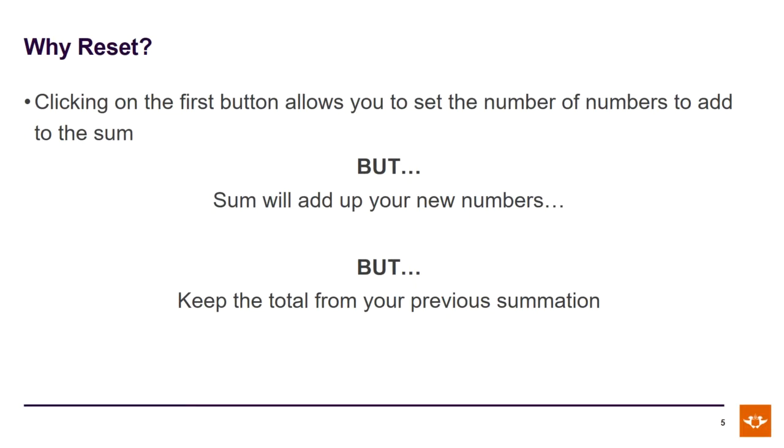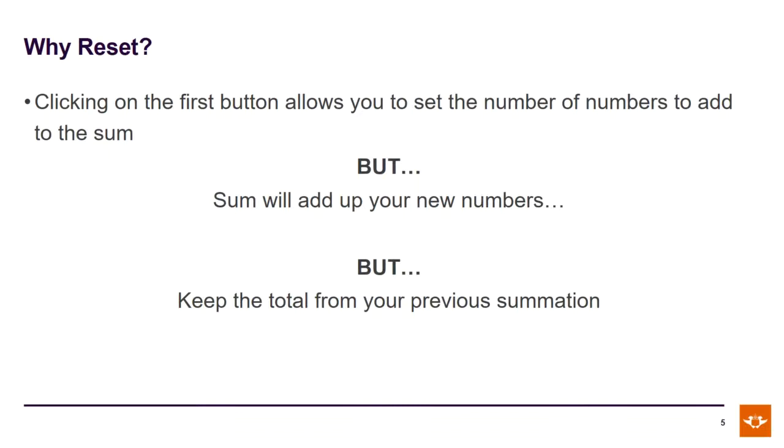The problem, however, is if you have a sum of 60 already from the previous set of addition, it means that whatever you add now gets added to the 60.